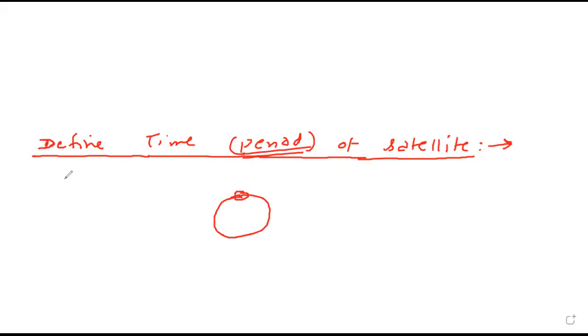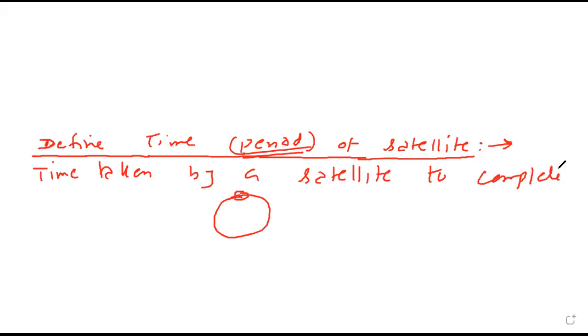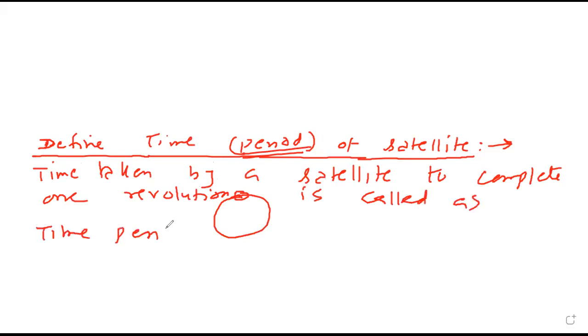So the time taken by a satellite to complete one revolution is called the time period of satellite. Right definition?